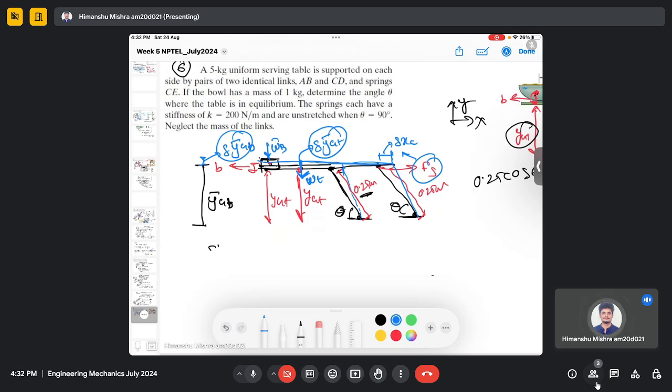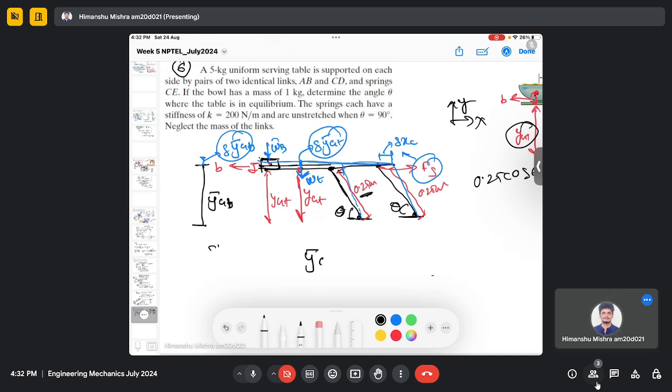And I said when solving the previous problem that the only tricky part in the virtual work is to calculate the virtual displacement, because it's the only part which is mathematically involved. So first we will identify the virtual displacement.